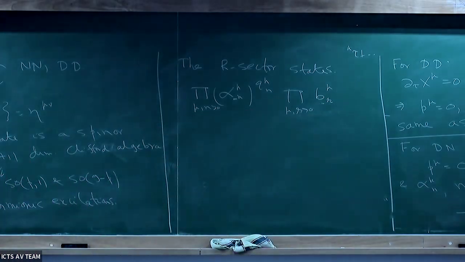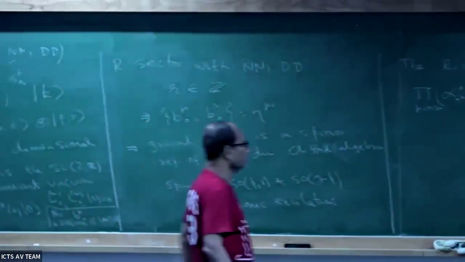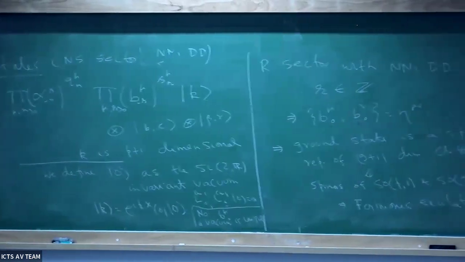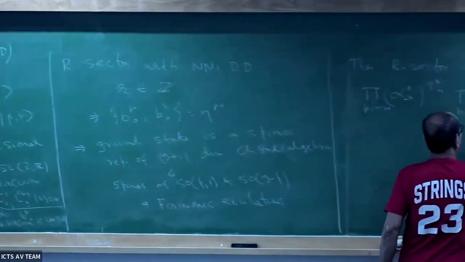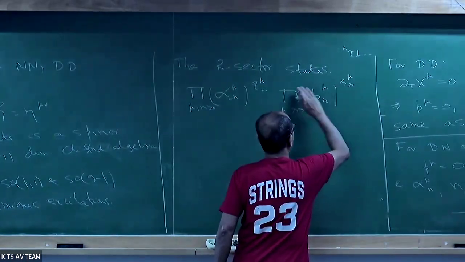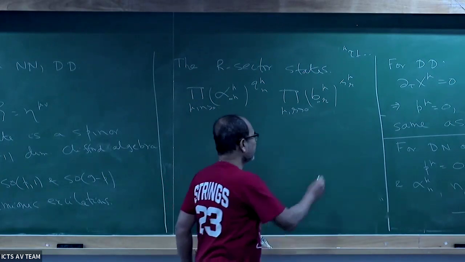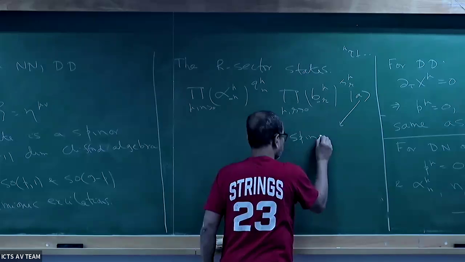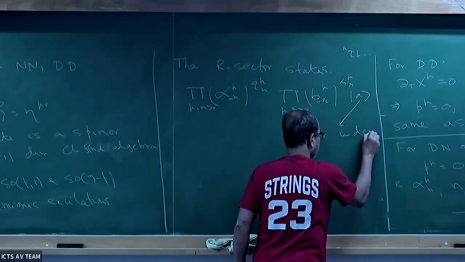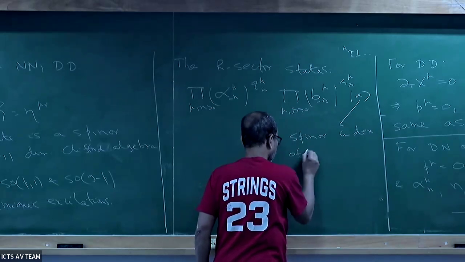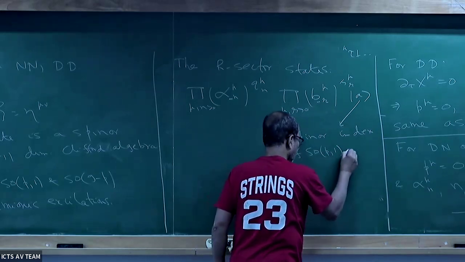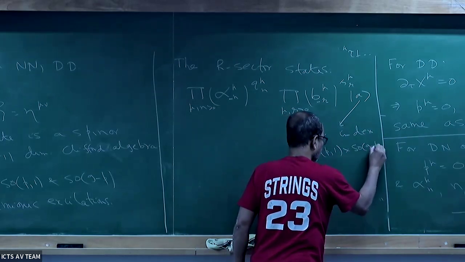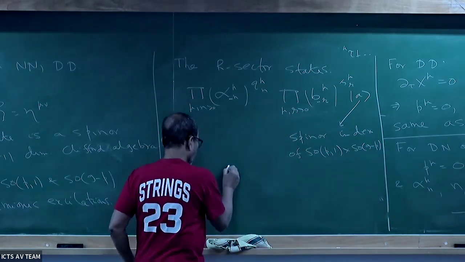The charge can only be 0 or 1, times A, which is the spinor index, and then times the host states.